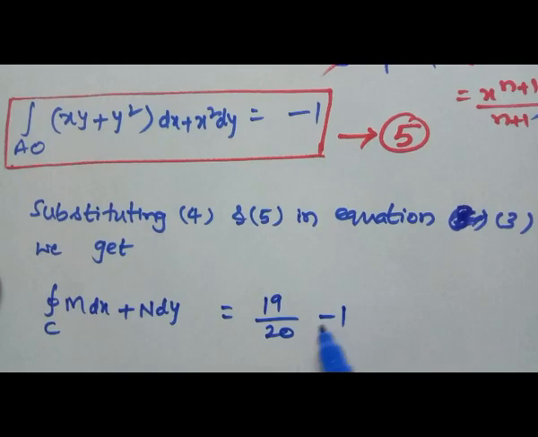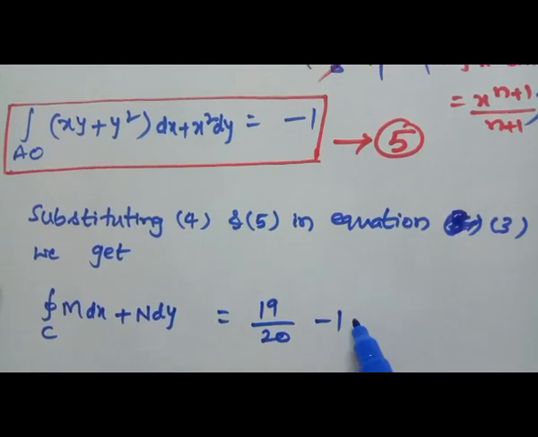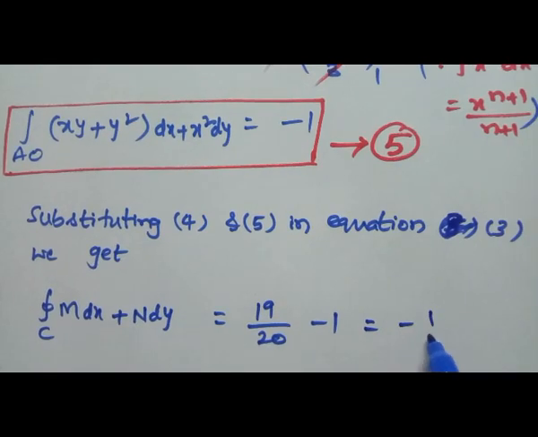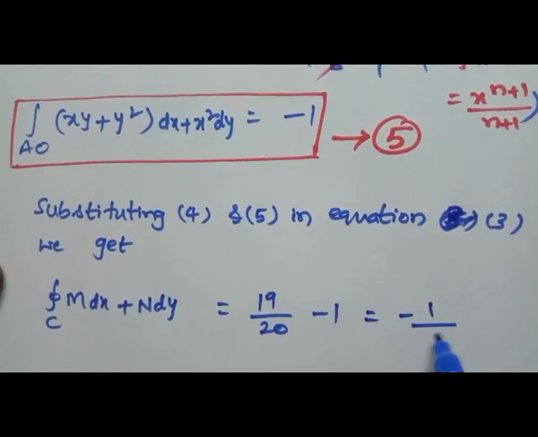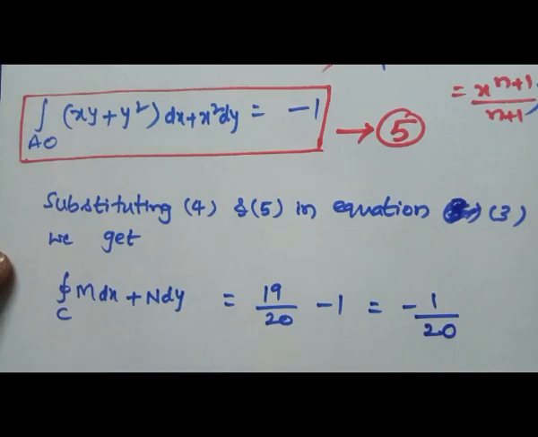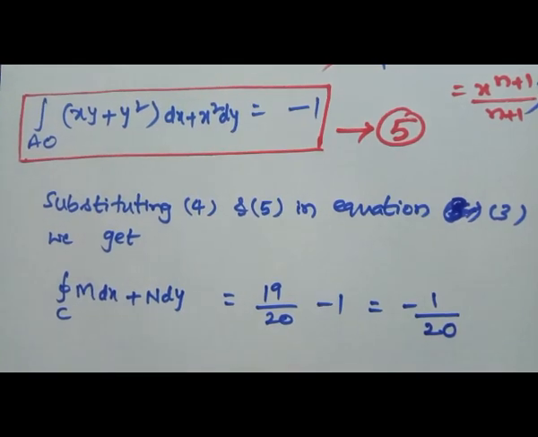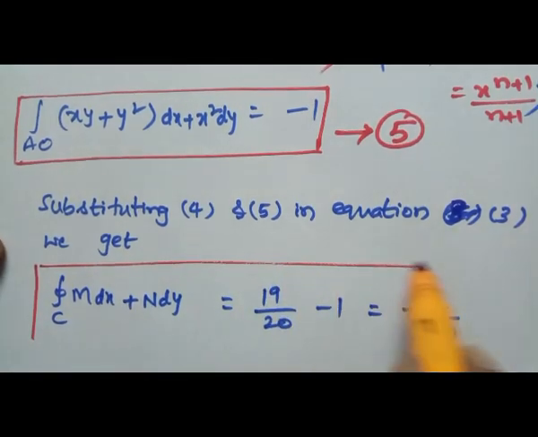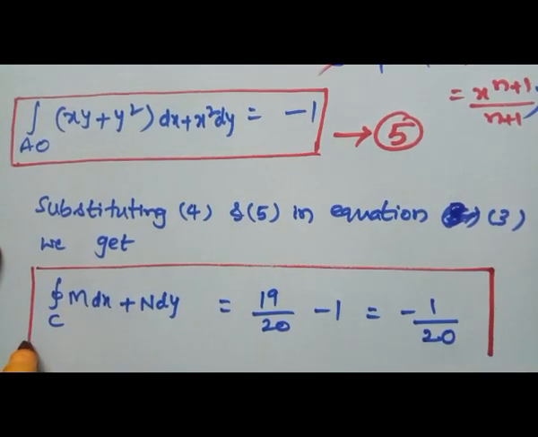Taking LCM, 19 minus 20, that is minus 1 by 20. Therefore, this is the left hand side of Green's theorem.